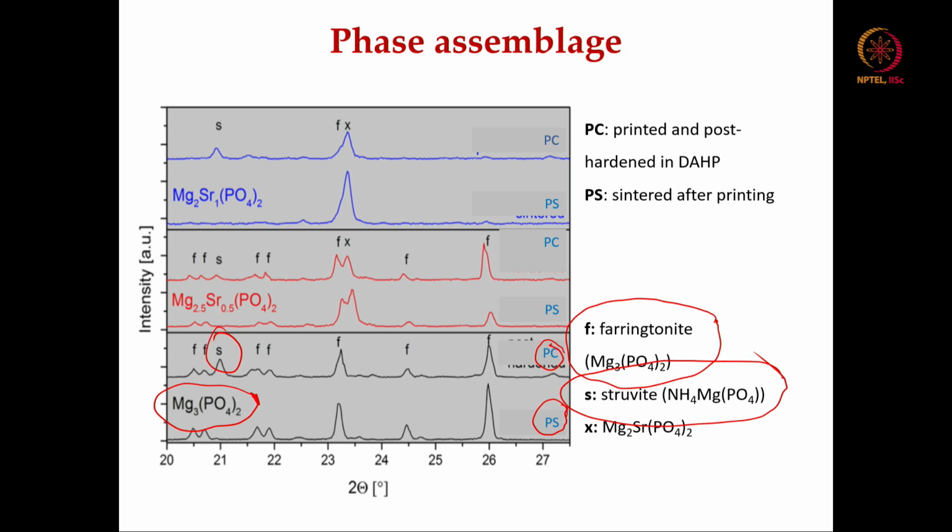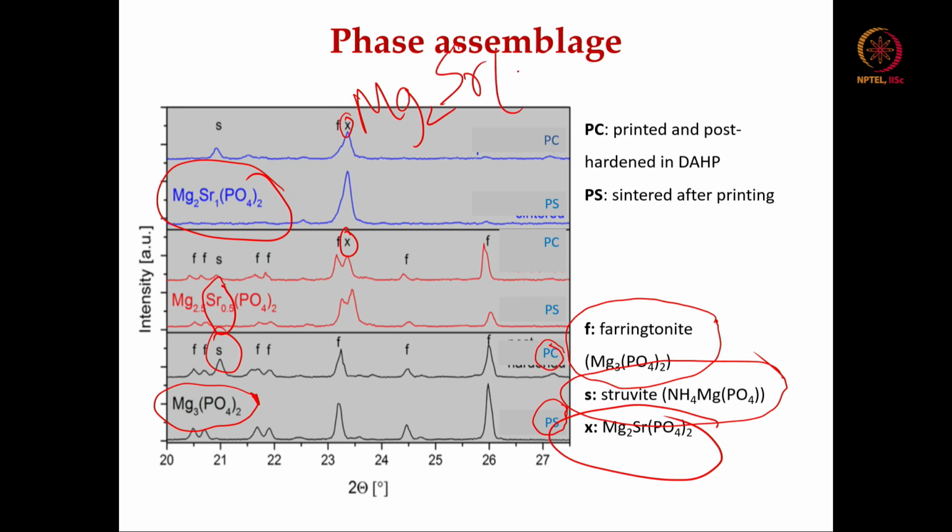When you dope strontium, with an amount Mg2.5 Sr0.5 (PO4)2 and Mg2 Sr1 (PO4)2, you get the same struvite phase, you get the farringtonite phase, and you additionally get a phase which is marked as X, which is Mg2Sr(PO4)2. So, it is a magnesium strontium phosphate phase that we get.